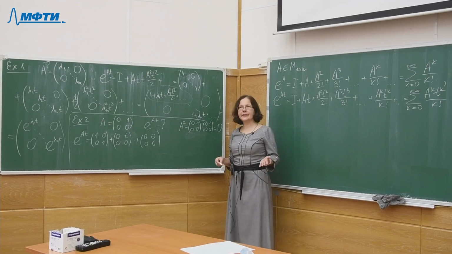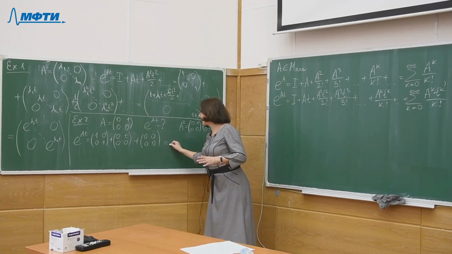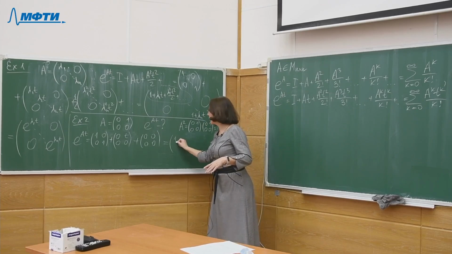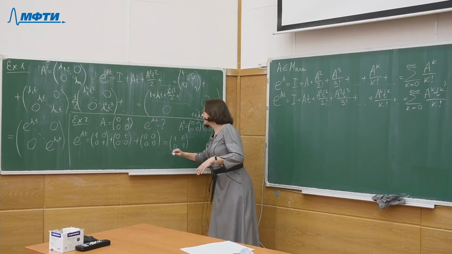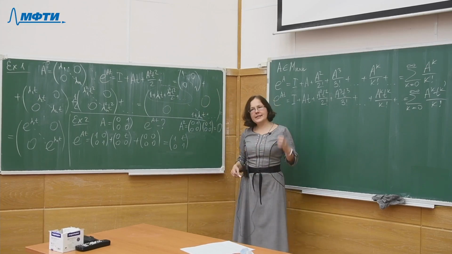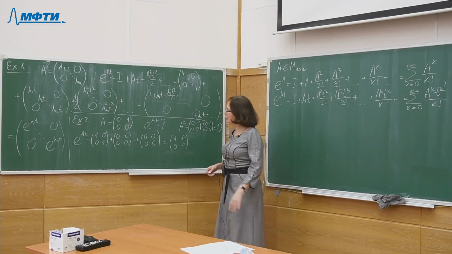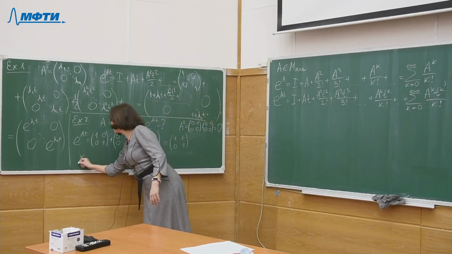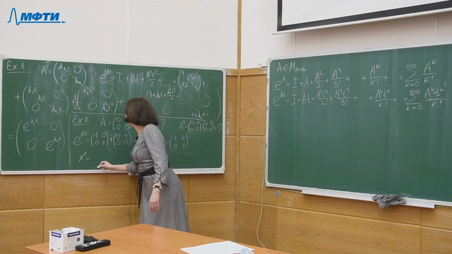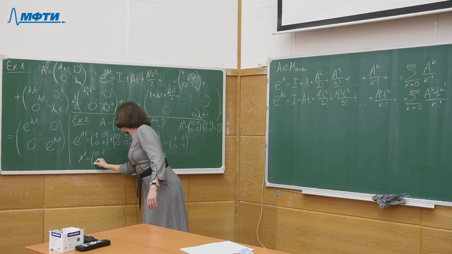Is it clear? And what is the answer? So the answer is 1, t, 0, 1. Okay, and this is a fundamental matrix of the solution if we want to solve the differential equation x prime equals the matrix 0 1 0 0 times x.